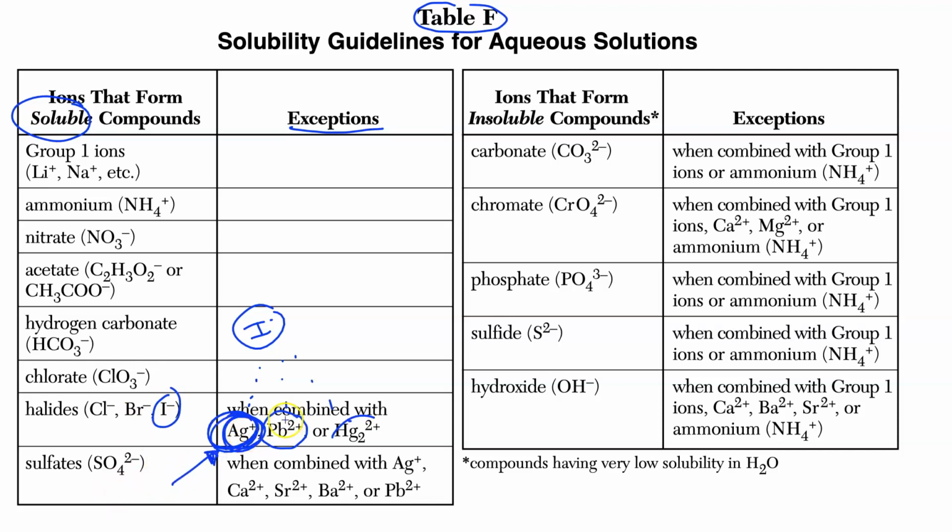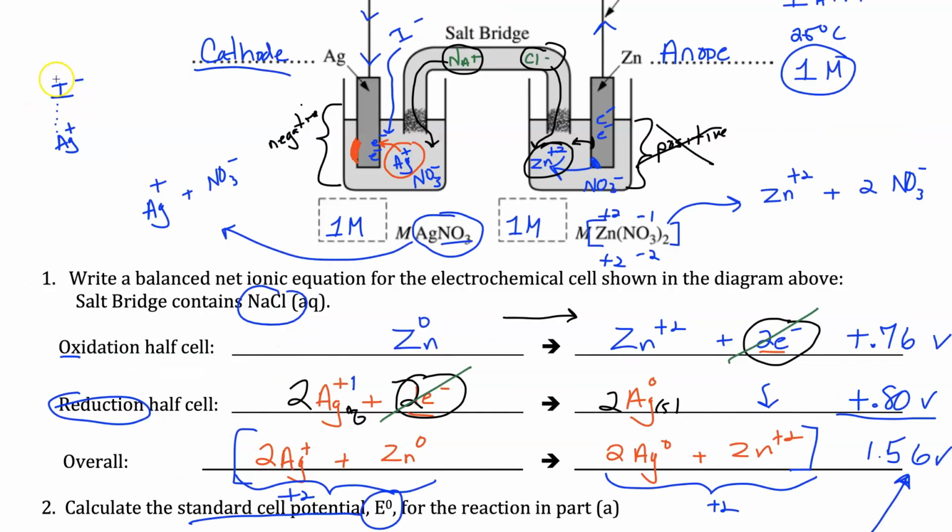And of course, I gave you the example of iodine with lead, so that's something you've seen before. Besides, you had this table. So the silver ion is going to hook up with the iodine and make silver iodide. Solid. It's going to make a solid. Which means what? The iodine that's added is going to take out all of the free silver. It's going to take it out just by hitting it and locking it up into a crystal.